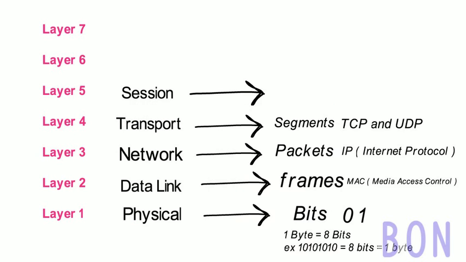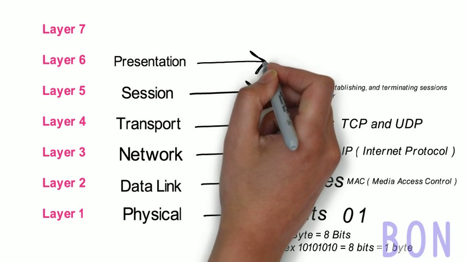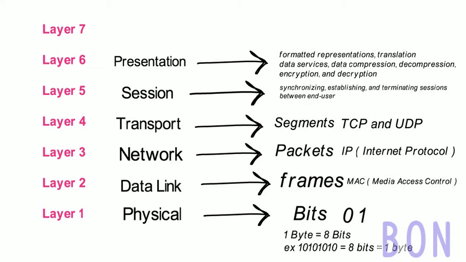The fifth layer is the session layer, which establishes, synchronizes, and terminates connections between computers. The sixth layer is the presentation layer. It handles formatted representation, data translation services, data compression, decompression, encryption, and decryption.